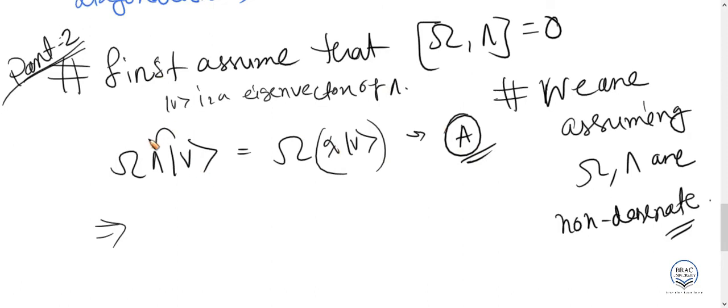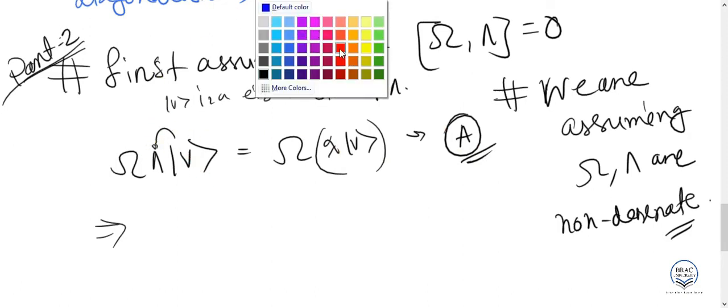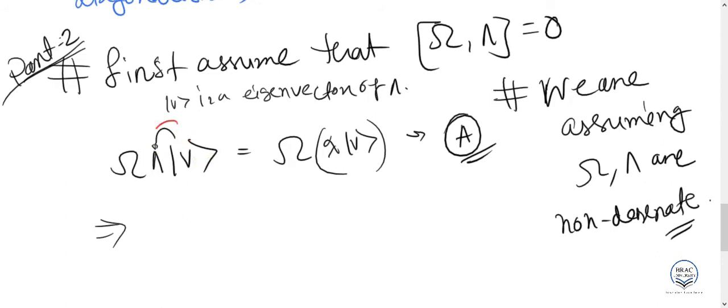So if you just think of it this way, instead of V being a vector, let's think of this lambda V as some V prime, right? You can think of that.